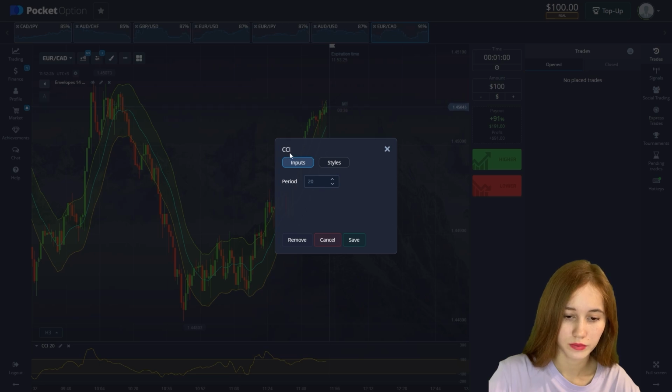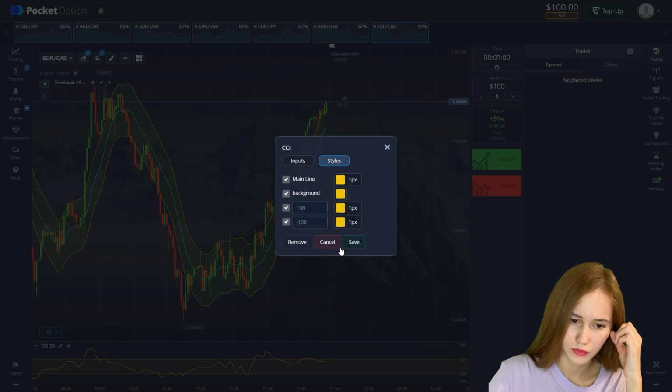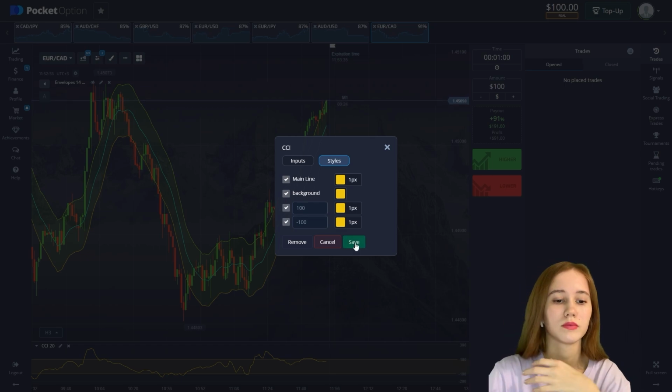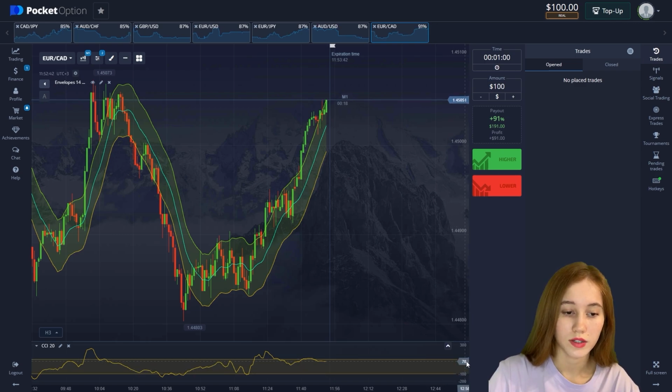So, CCI settings. This indicator has two lines.